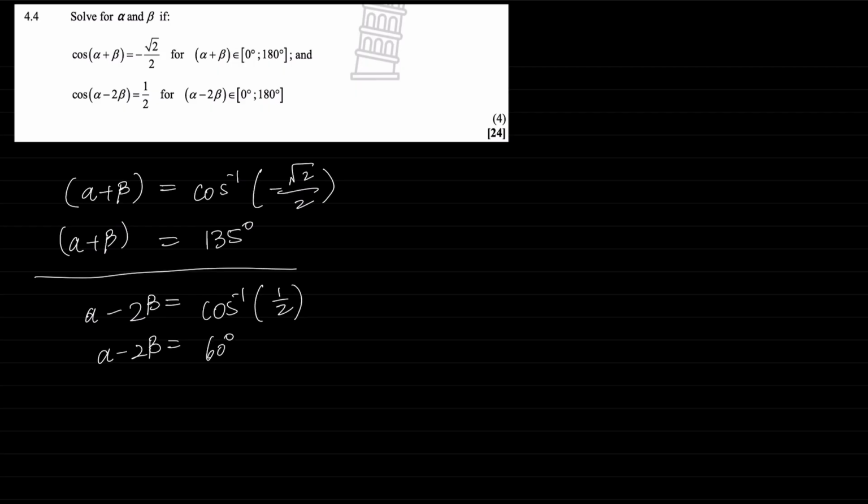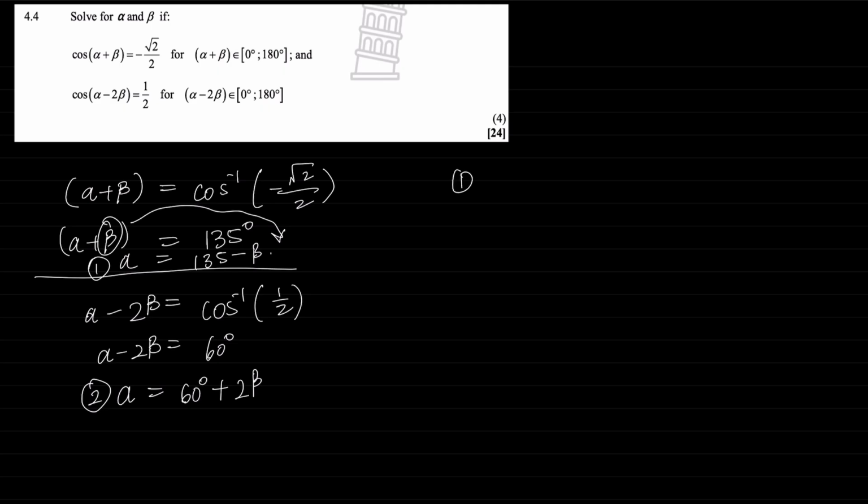What we can do here is we can transpose this beta there. That means alpha equals 135 minus beta. And the same thing here we can say is alpha equals 60 plus 2 beta. So we have equation 1, we have equation 2, we can equate them. So 1 equals 2, 135 minus beta equals 60 plus 2 beta.